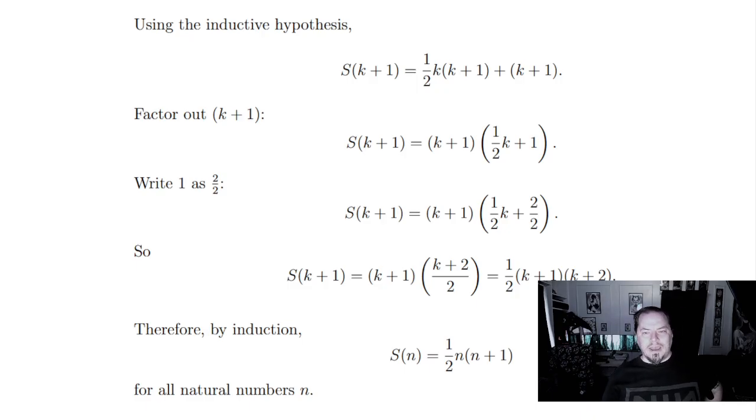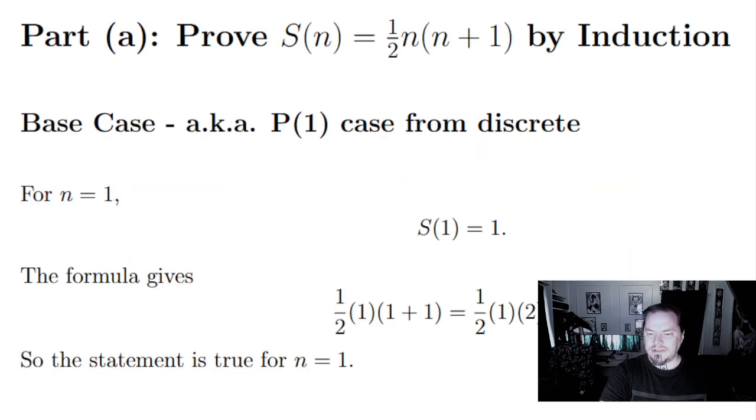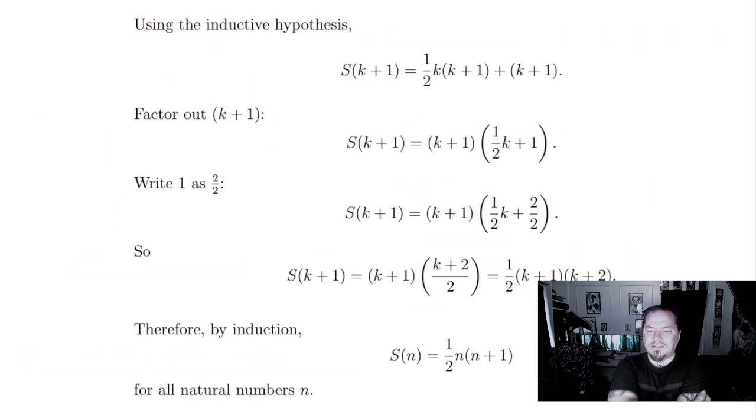And then the real math, which I think at this point we've all done 50 times by now. So we'll factor out our k plus 1 and then write our 1 as the 2 over 2 so that we can maintain the 1 over 2 part, or depending on how we write the sum, sometimes it'll just be the entire sum over 2.